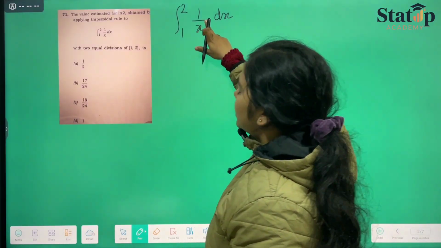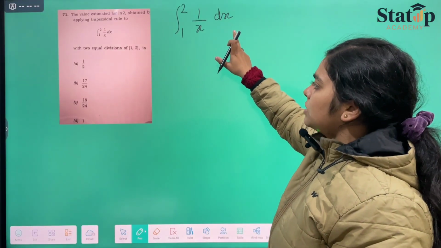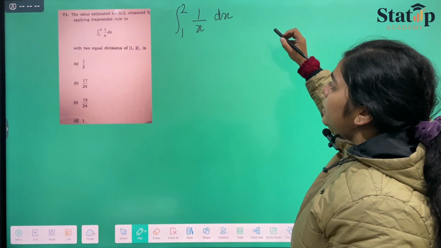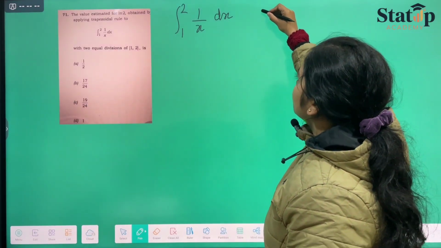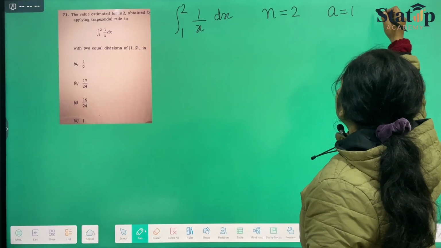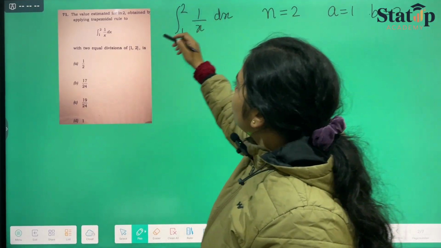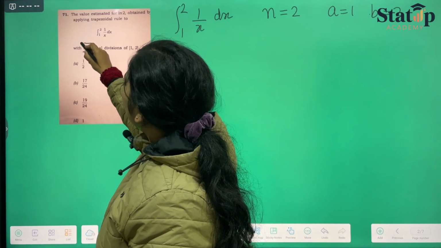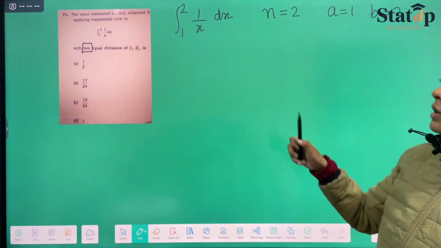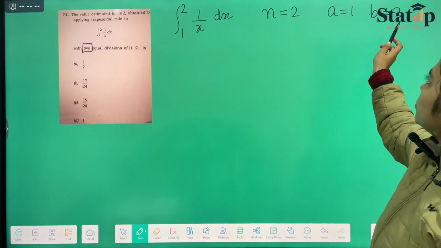Now if we integrate this, we know that it is log of x, and with equal divisions of 1 and 2, with 2 divisions. So n is 2, a is 1, and b is 2. We have been provided with 2 equal divisions of 1 comma 2, that is, the limits 1 to 2.